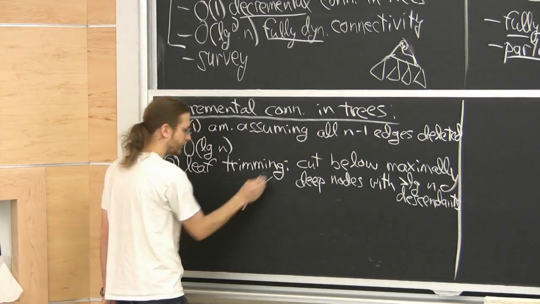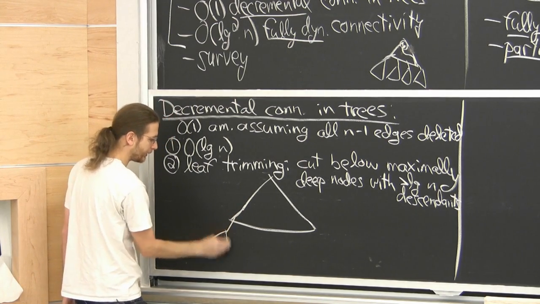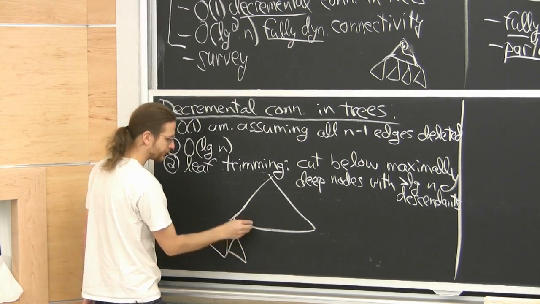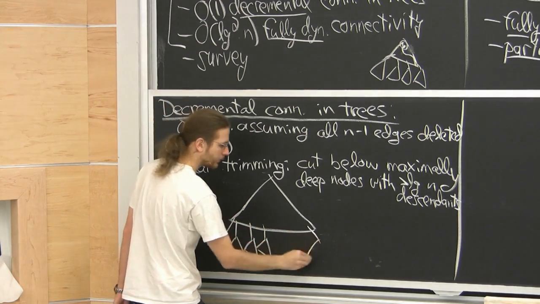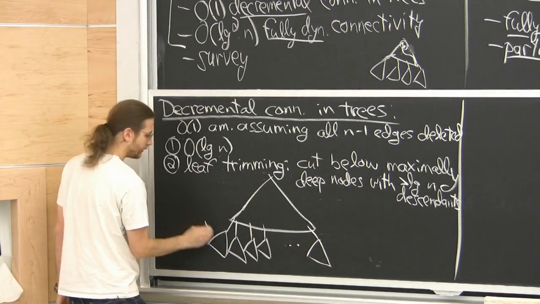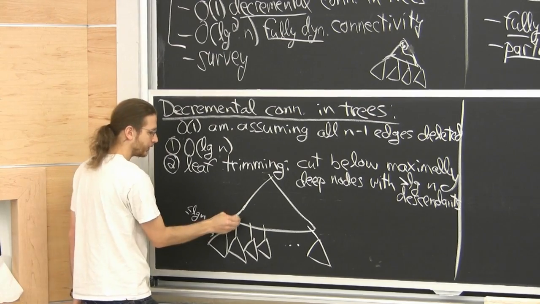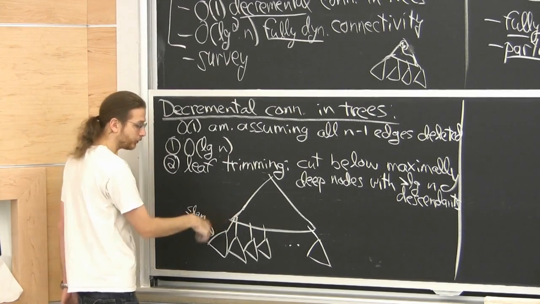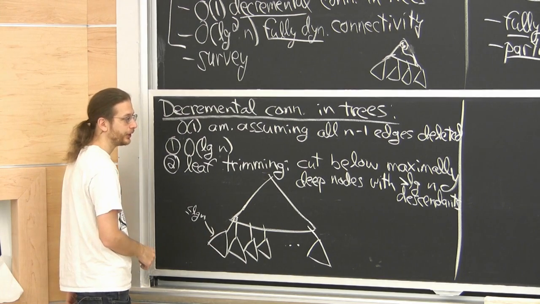So we have our top tree, and then hanging off some nodes here, we're going to have some bottom trees. These each have at most log n nodes. These have bigger than log n nodes below them, so we can charge every leaf in the structure to the log n nodes below it.